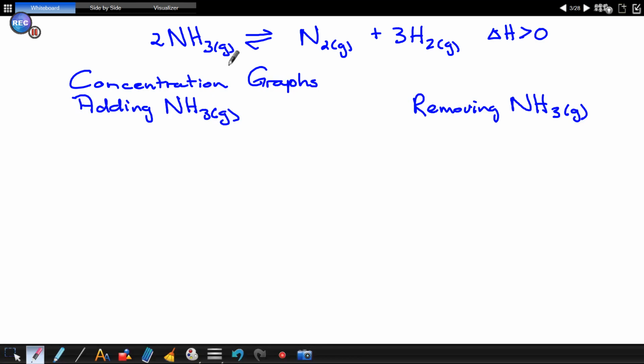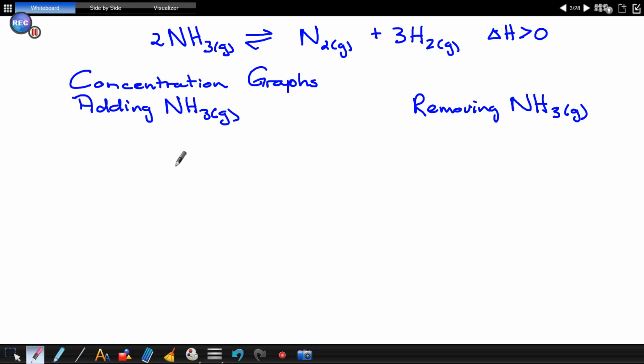Okay, so I'm taking the same situation and we're looking at the concentration graphs now for adding ammonia and for removing ammonia. Now, although at equilibrium the concentration of the reactants will remain constant, they are not the same.